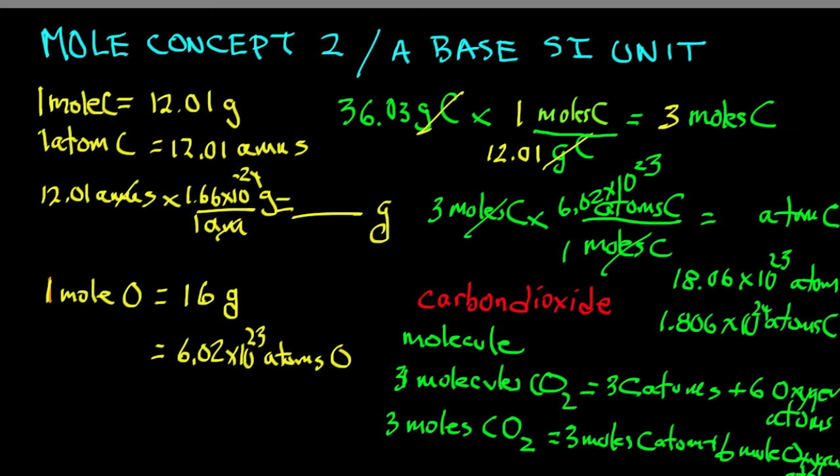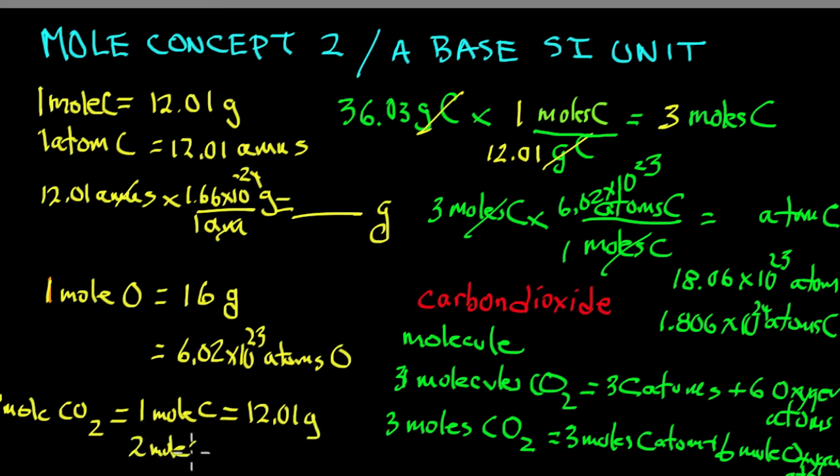If we wanted to get the weight of 1 mole of carbon dioxide, it would be 1 mole of carbon, which is 12.01 grams, 2 moles of oxygen, which is 16 times 2, 32 grams.